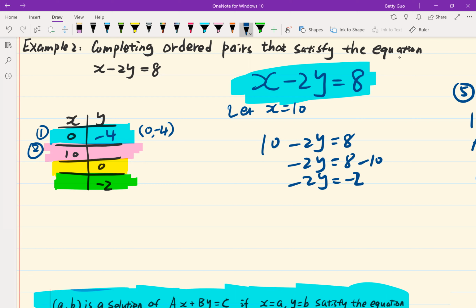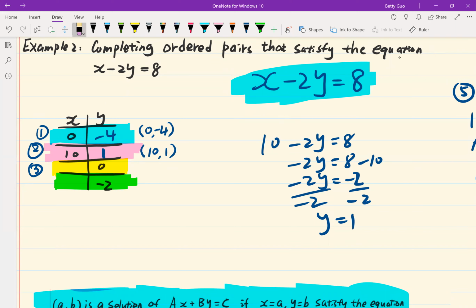A minus 10 is negative 2, right? Divide both sides by negative 2. We have y equals 1. So the ordered pair here is 10, 1. We got another solution. 10, 1. X is 10. Y is 1. That's another solution.